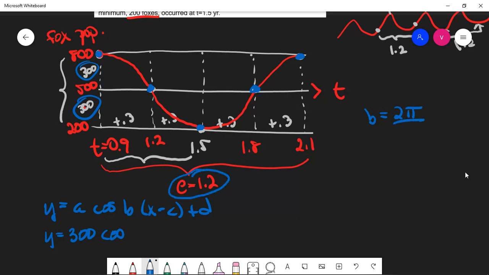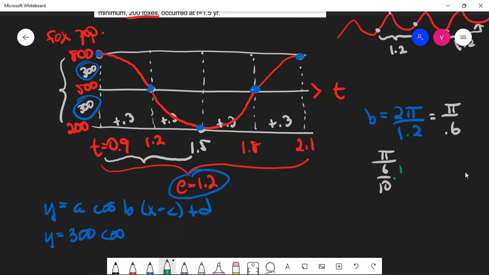The whole cycle, one whole cycle, no matter where you start it, one cycle will be 1.2 years. Again, I'll do a little fraction work here. Divide by 2 on the numerator would be pi. Divide by 2 on the denominator would be 0.6. And that's the same as pi over 6/10.